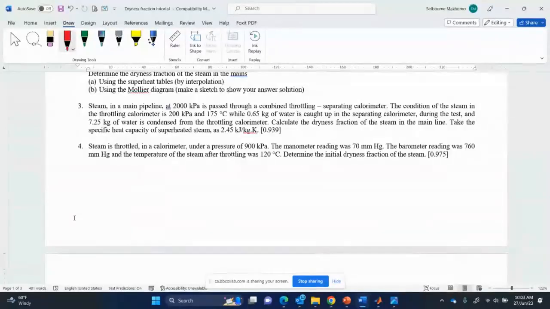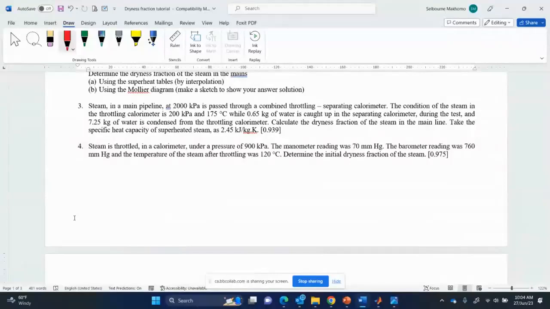So P1 is 900 gauge pressure. P2 is 70 millimeters of mercury gauge pressure. Now the atmospheric pressure from the barometer is 760 millimeters of mercury. And the temperature of steam after throttling is 120. Determine the initial dryness fraction of steam.